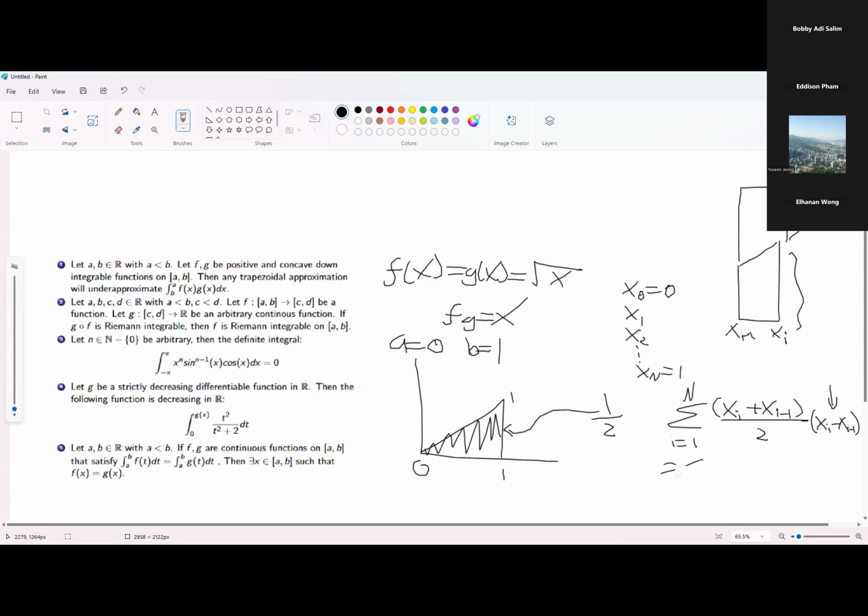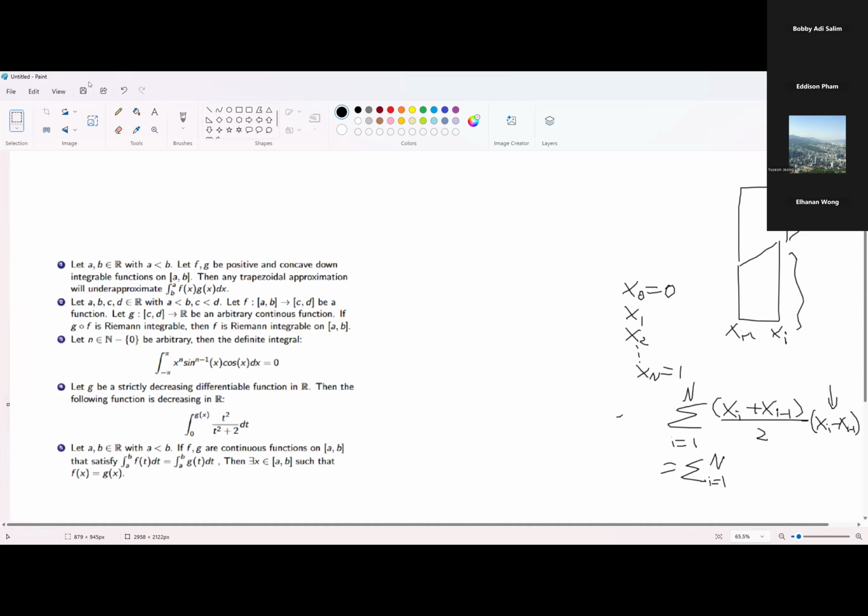Notice you can simplify this to the summation. Let me clear this real quick so I have more space. And notice you can combine this together: x_i squared minus x_{i-1} squared, divided by 2. You can pull this 2 out and get 1 over 2 times the summation of this.